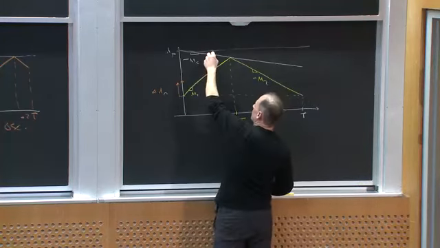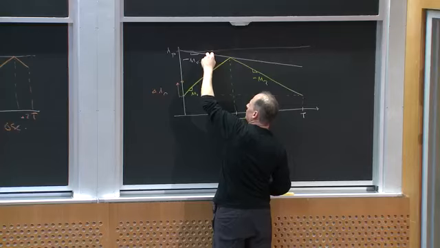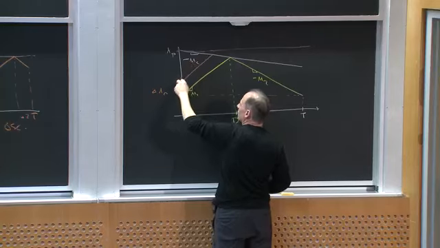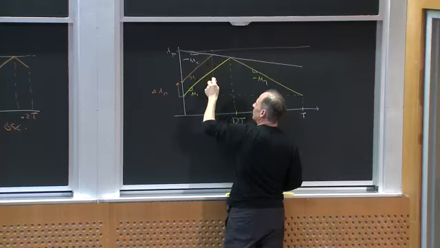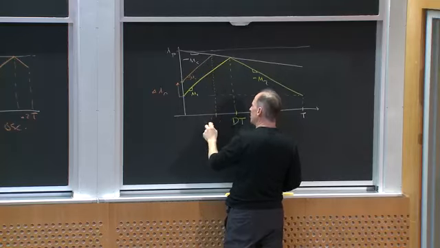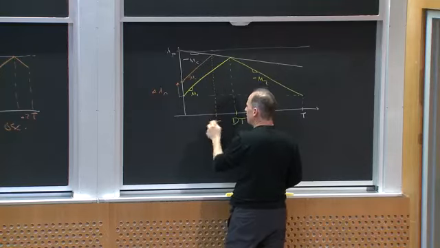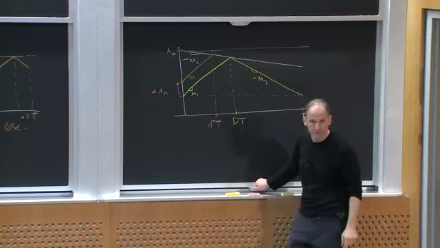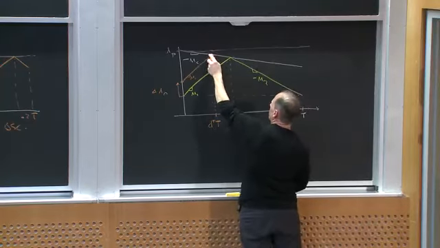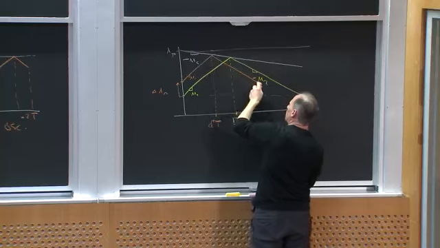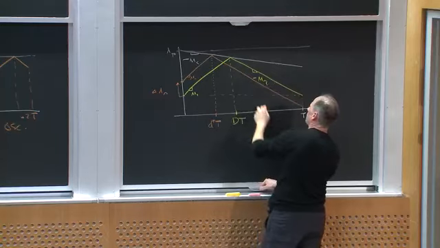Well, he would ramp up at the same slope because the output voltage is the same. So this would still be M1. He would hit the trip point here at something I'll call D star T. It's not the steady state value. And then he would fall at minus M2 like this.